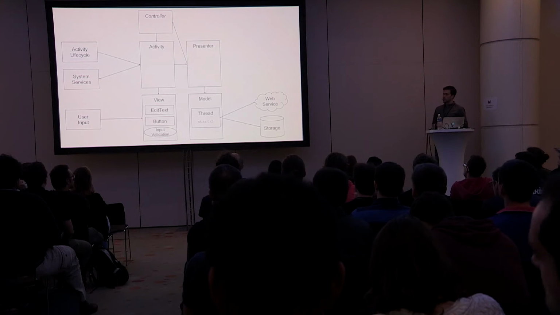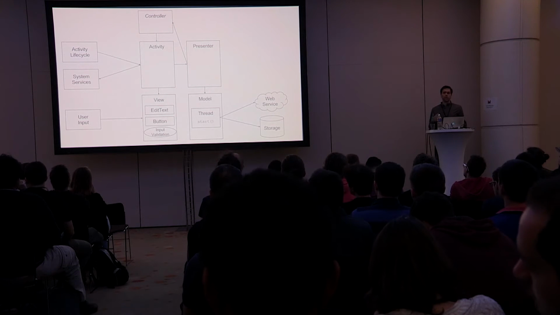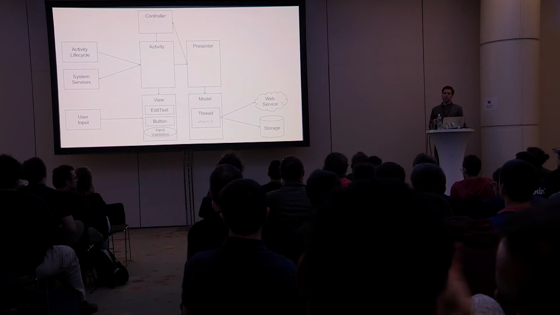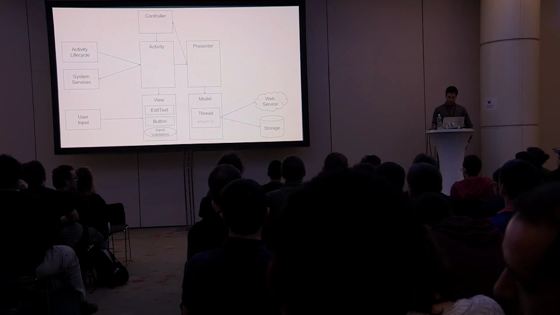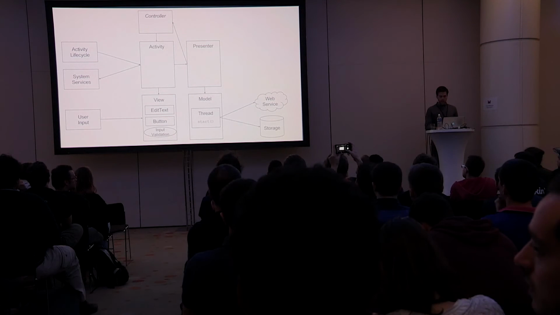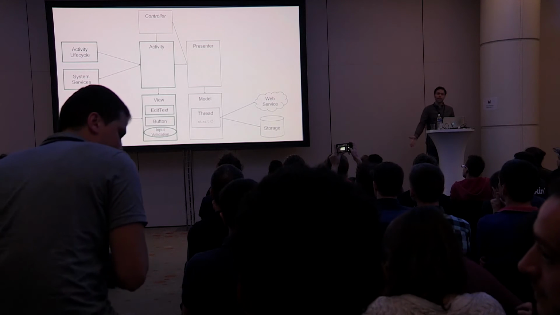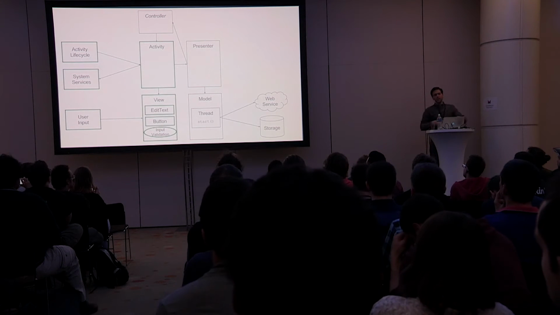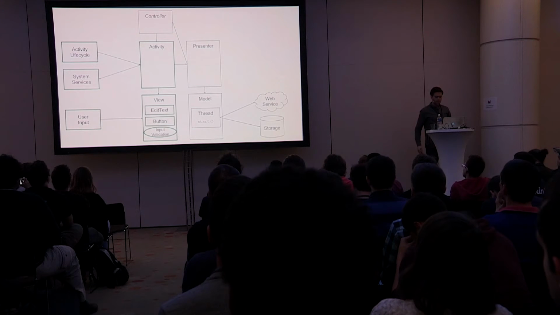Our presenter is handling our logic of figuring out what to display when, and our model is taking care of accessing our data and persisting it. Now, what this allows us to do is draw a line right down the middle of our architecture and say, this half cares about Android, this half does not.